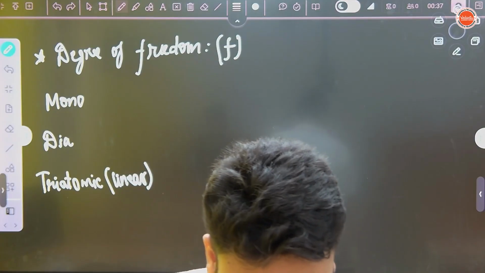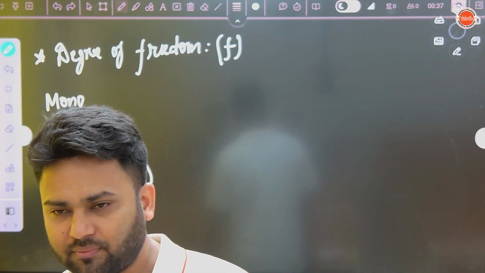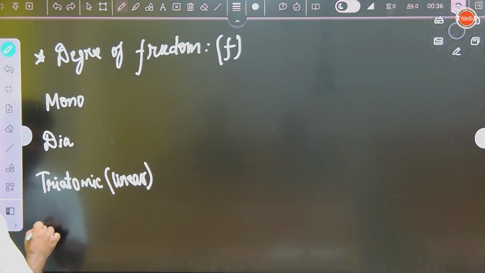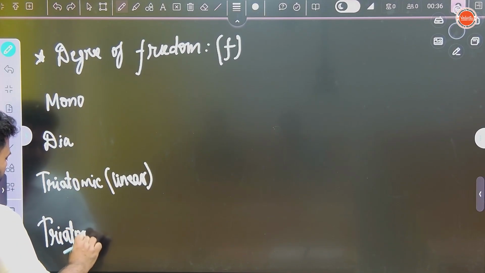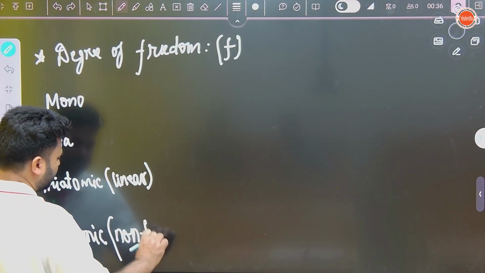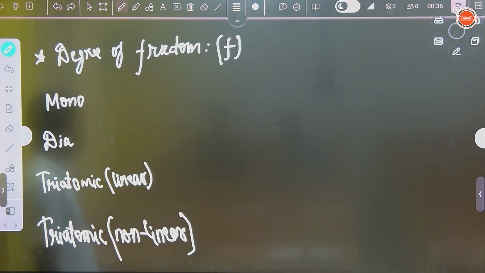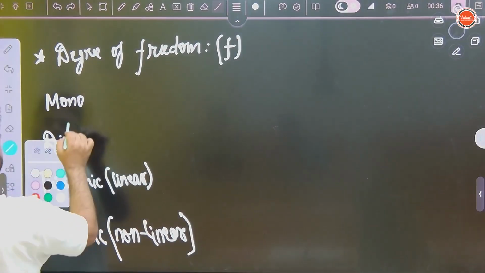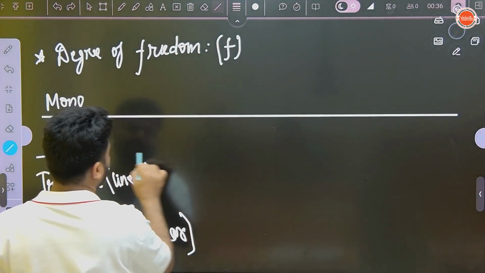Tell me any molecule whose shape is linear. CO2. Okay, correct. And then the last case, triatomic, non-linear. Any molecule whose shape is non-linear? H2O, non-linear. So we have these different categories.